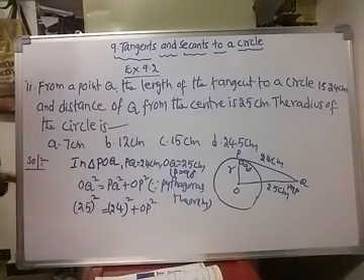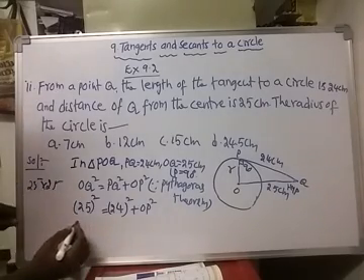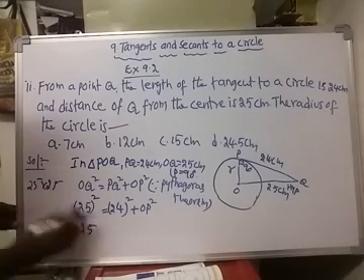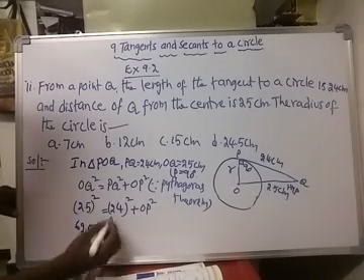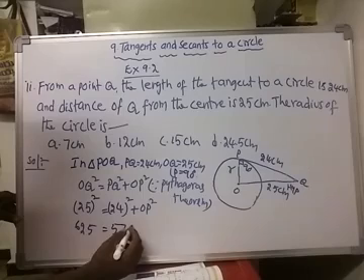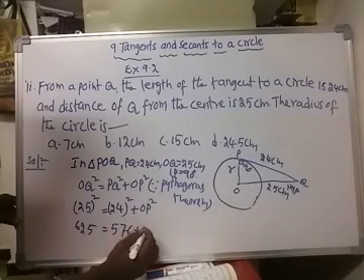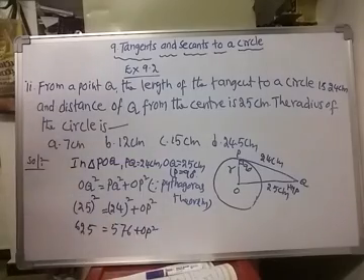25 square, that means 25 into 25, is 625, equal to 24 square, which is 576, plus OP square.